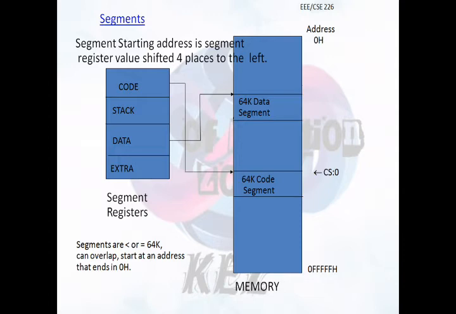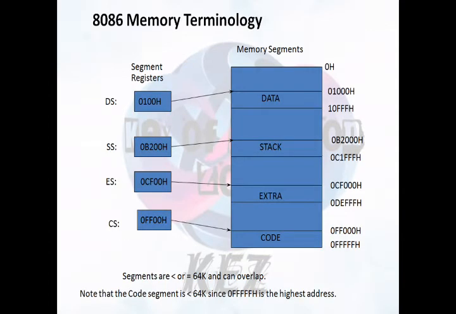Code, stack, data, extra. Remember it. Then the data comes to a 64K data segment, and code comes as a 64K code segment. In this way the segments range from 0 to 64K. As already discussed in the features, they can overlap and start at an address that ends with 0H. So this is the segments part.